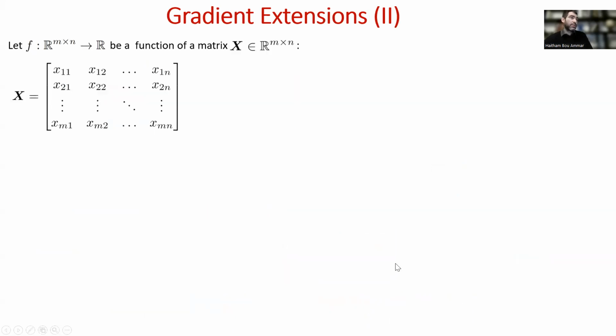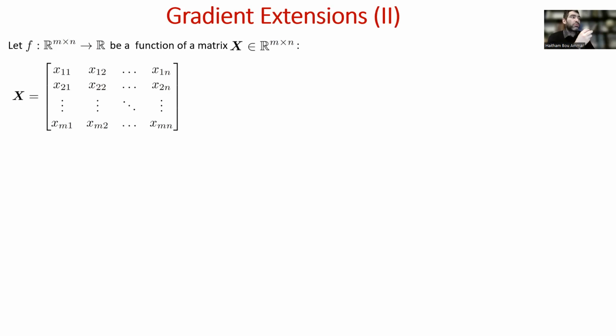And the second extension that we're going to consider here, and that will be useful, especially when we consider backpropagation for neural networks, is matrix functions. Previously, we considered the case where the function took the input in just n-dimensional Euclidean space and outputs either a value, so that was a multivariate function, or a vector, which was a multivariate mapping.